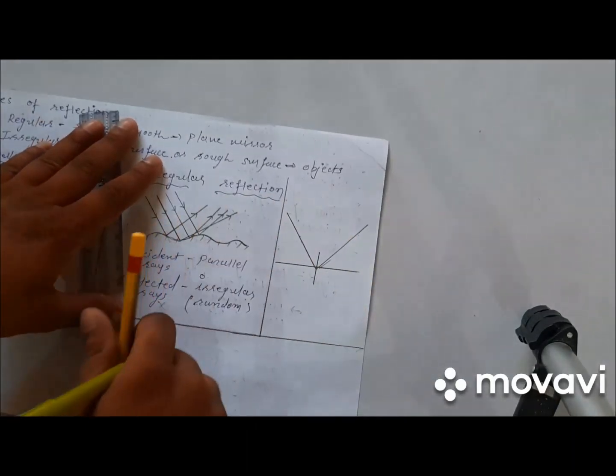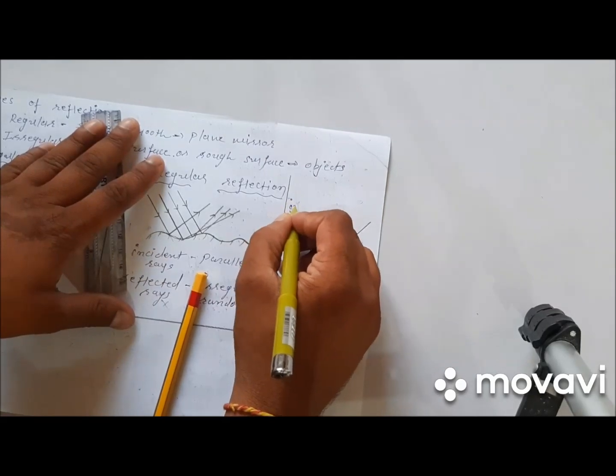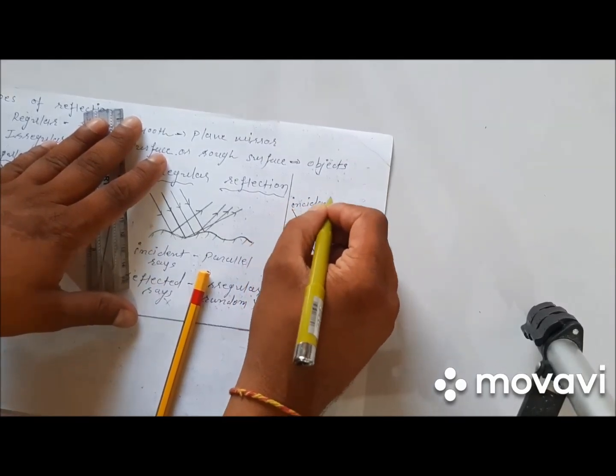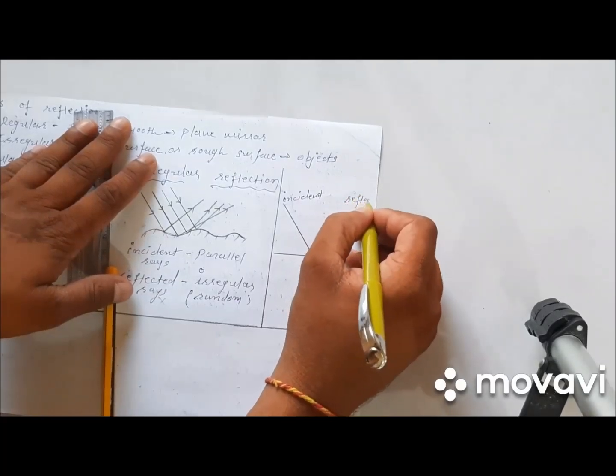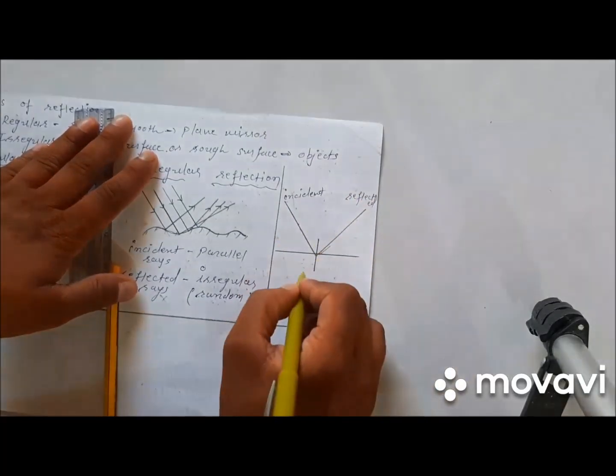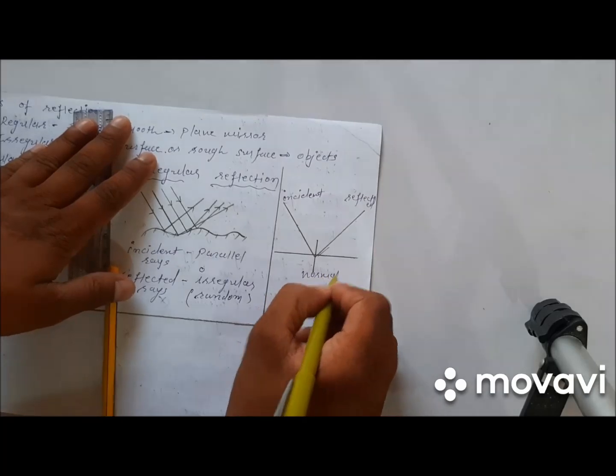This is our incident ray, this is our reflected ray, and this is our normal drawn to the surface.